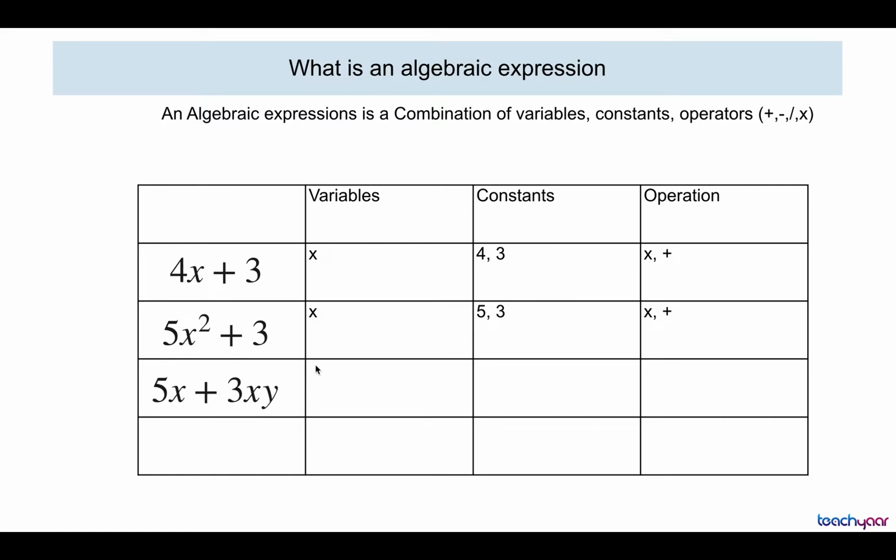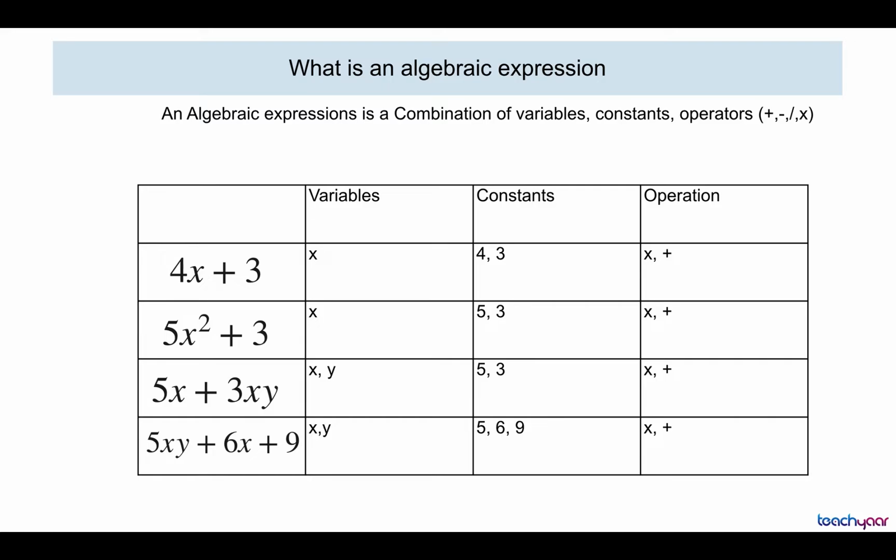What about this case? So 5x plus 3xy. So there are two variables, x and y. The constants are 5 and 3. And the operations are plus and multiplication. But here again, there are quite a few multiplications, right? There's a 5 times x plus a 3 times x times y, right? There's another one. So 5xy plus 6x plus 9.